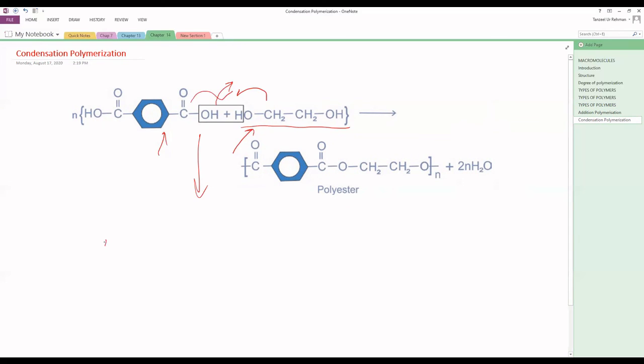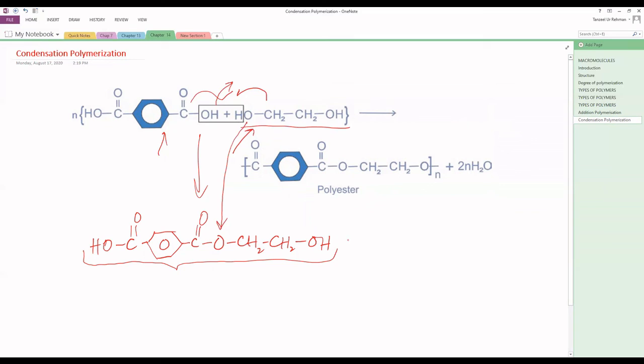Here we get CH2 CH2 OH. Now this reaction continues on both sides.